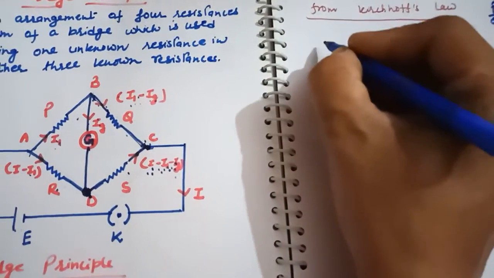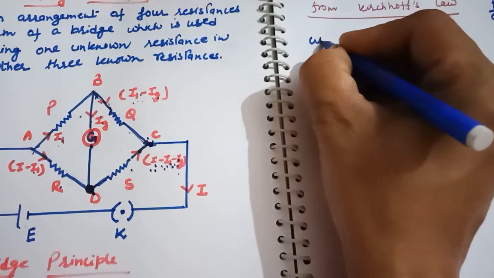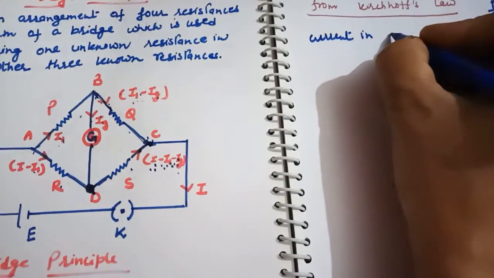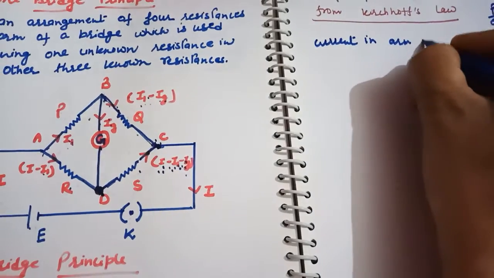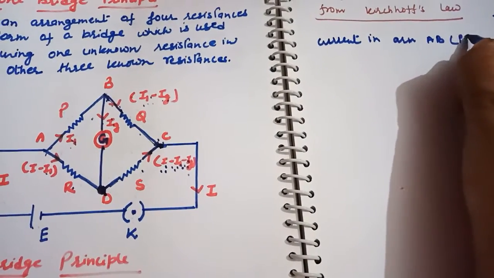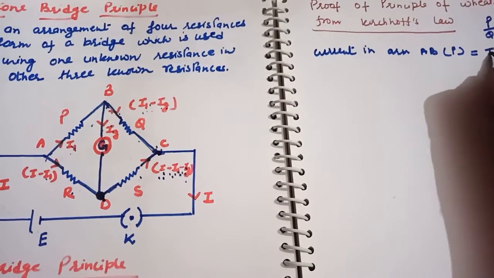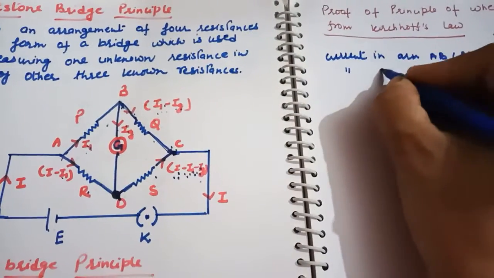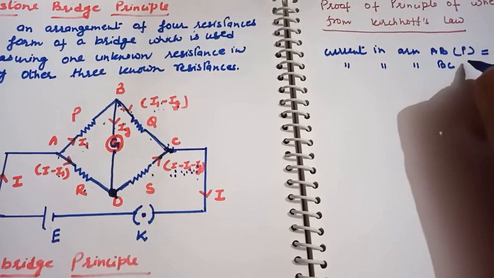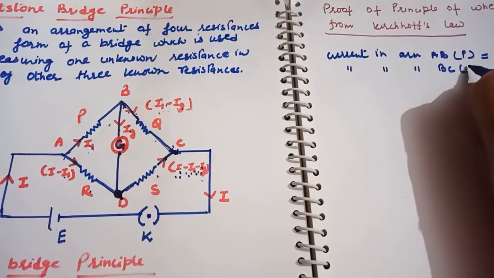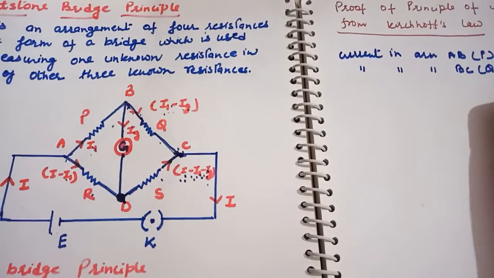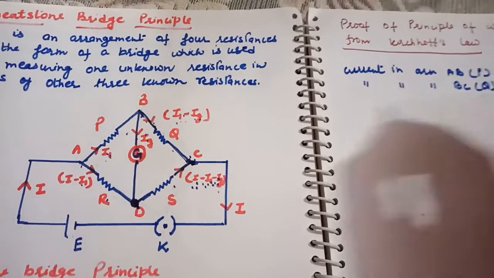So currents in the arms: in arm AB, that means in resistance P, the current is I1. Now the current in arm BC, that is in the resistance Q, is I1 minus Ig.